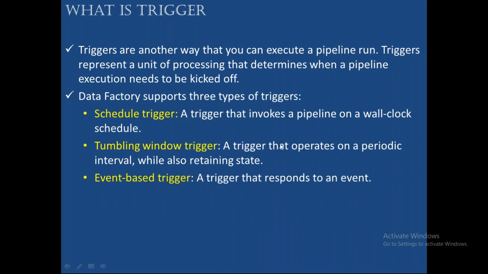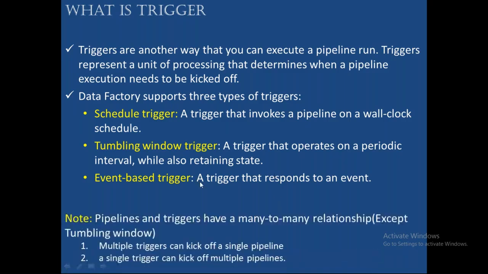A tumbling window trigger is a trigger that operates on periodic intervals while also retaining state. Periodic interval depends on you. You may want an interval of every 1 day, or an interval of an hour or 24 hours. You need to configure that, and based on it, the trigger is going to run your pipeline.